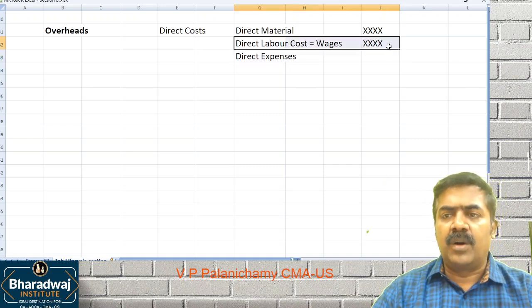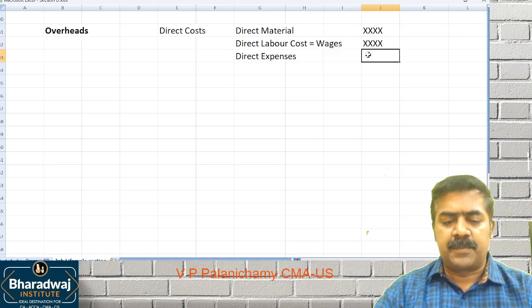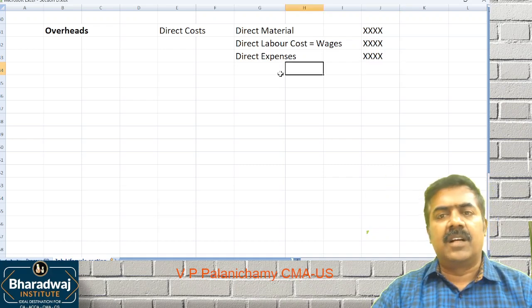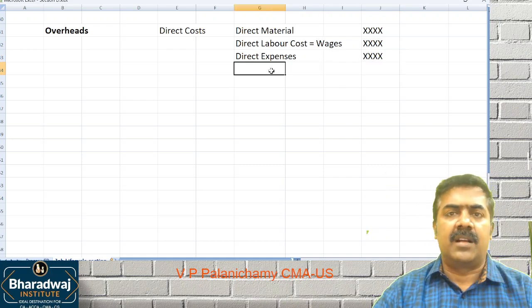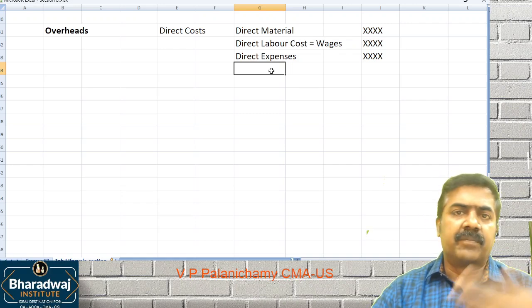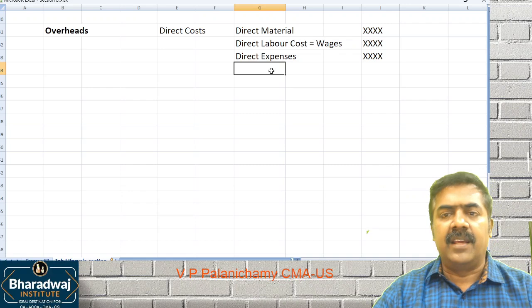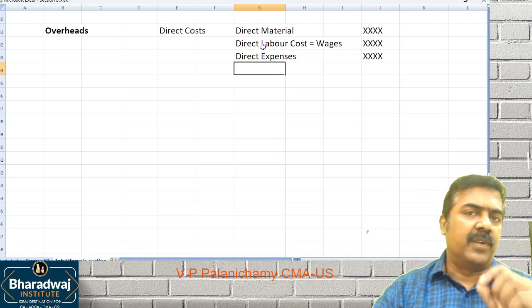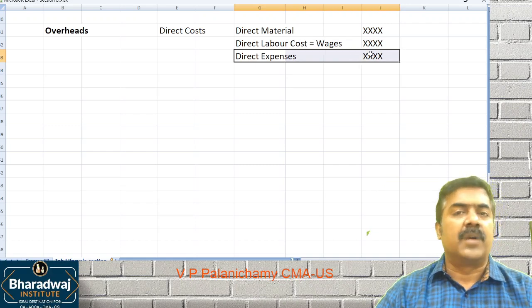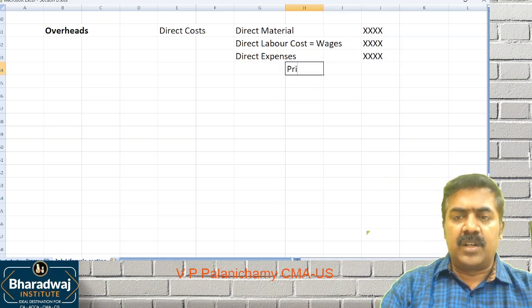Those people who are engaged directly in the production process, we call direct labor. Direct expenses may be designing expenses. Let us assume I got a copyright from an international brand like Balmain Paris, FC UK, Crocodile, or Nike. I have to pay a royalty for every shirt manufactured. So that royalty is which one? Direct expenses.